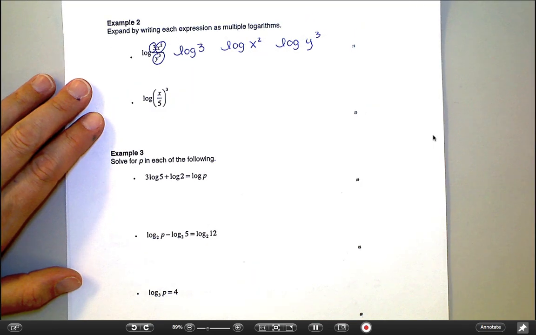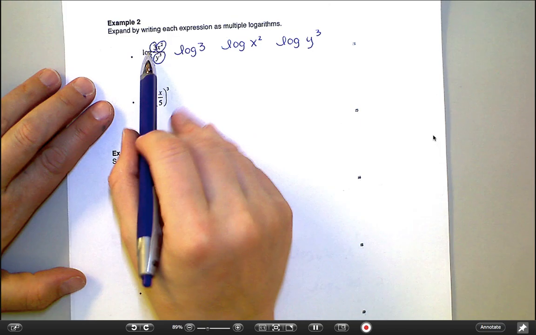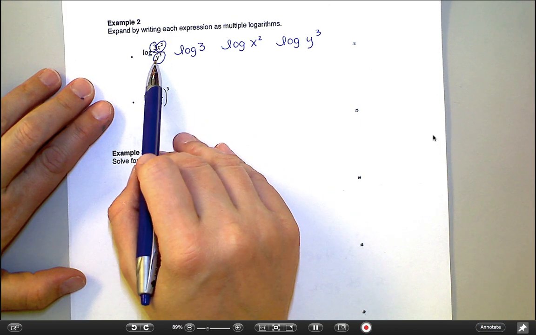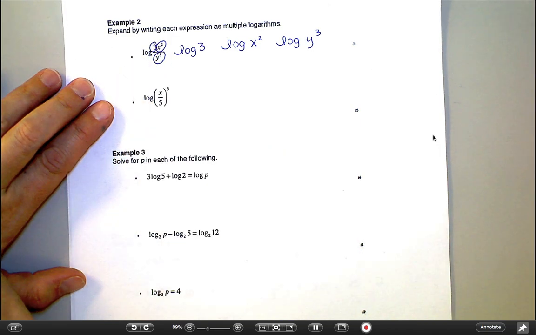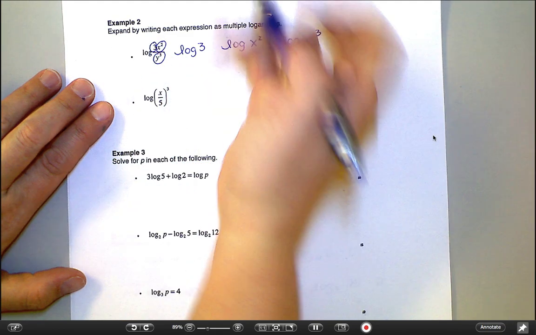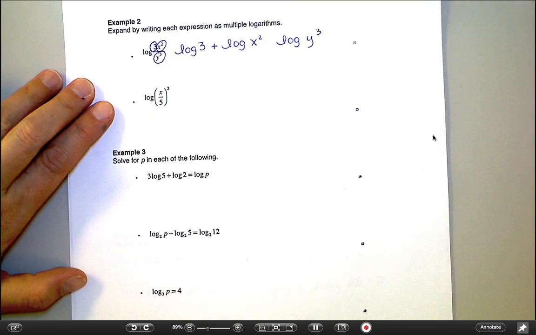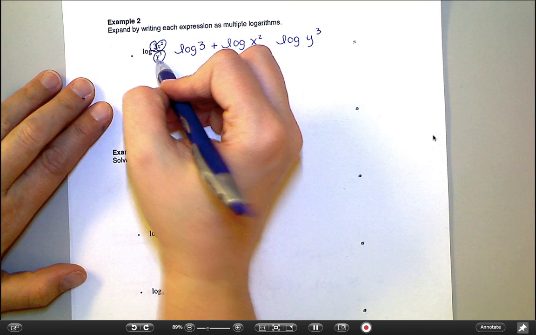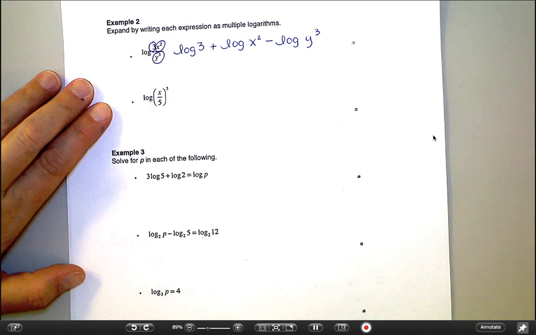Okay? And then I want to think about how are those things connected in the original problem, and turn those into either pluses or minuses. So like the 3 and the x squared, that was multiplication. So I'm going to add these together. And then there was division here with the y cubed, so I'm going to subtract. Okay.